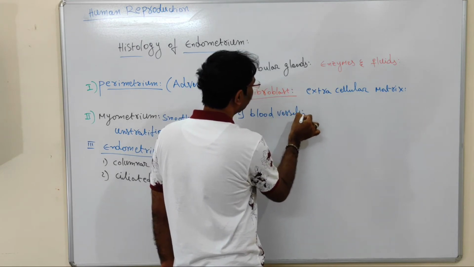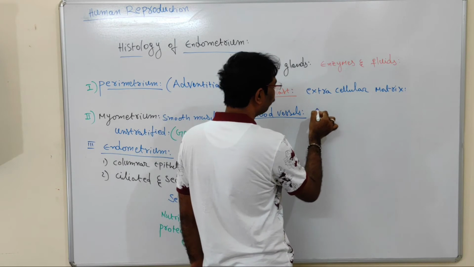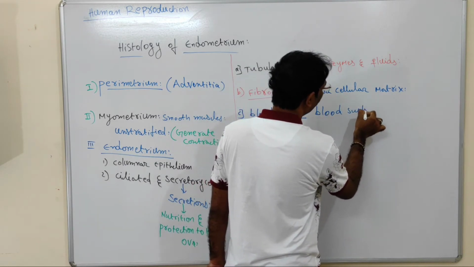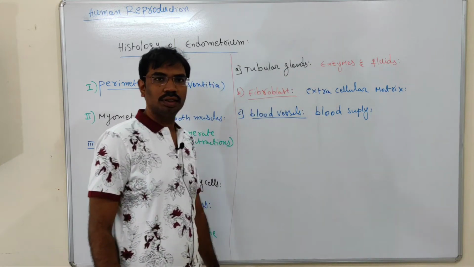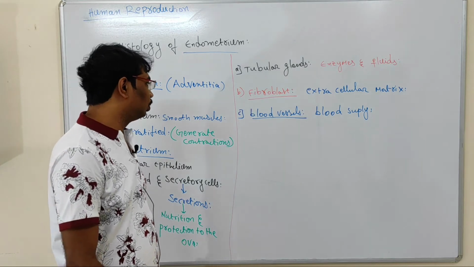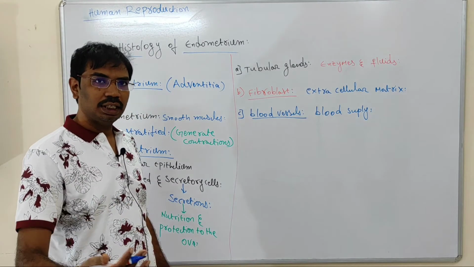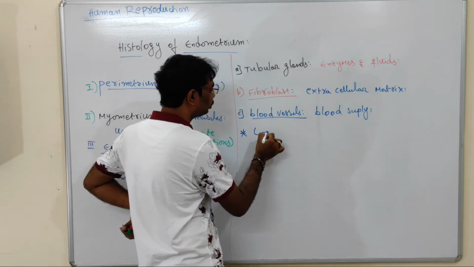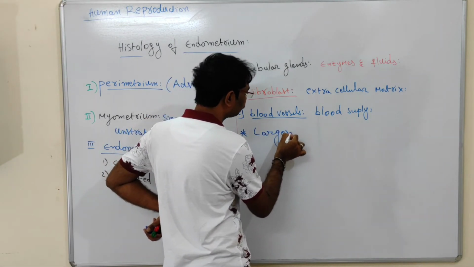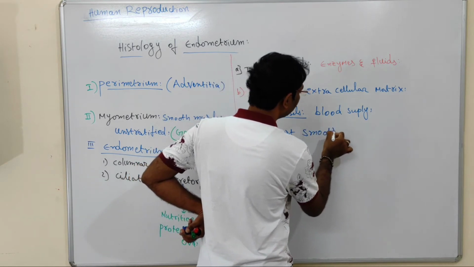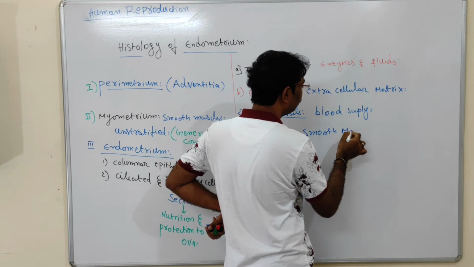What is the significance of blood vessels? They are important for blood supply. So these three structures are present in the endometrium. During pregnancy, the uterus contains the largest smooth muscle, that is, unstratified muscle.